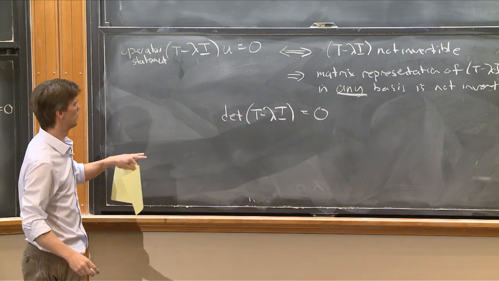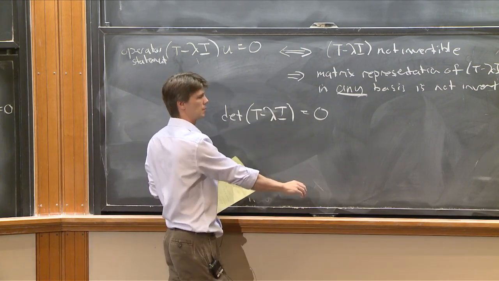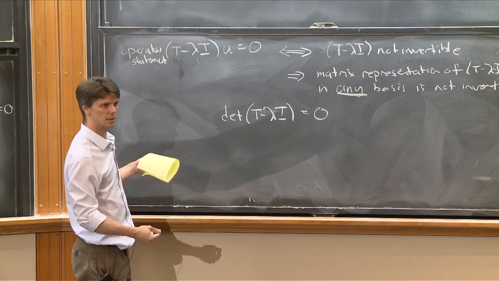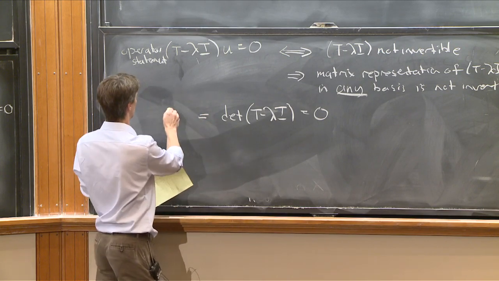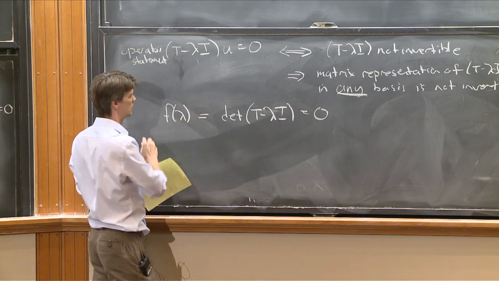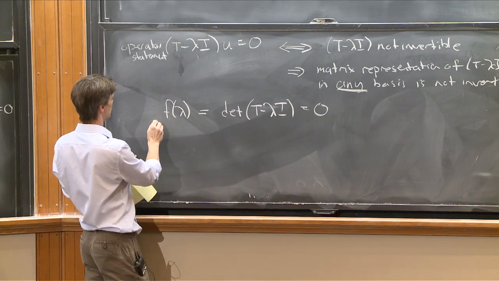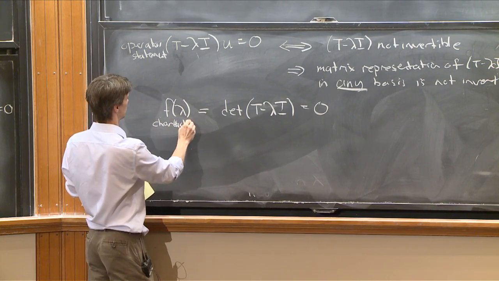Remembering that we can write this out, it has lambdas on the diagonal, and then whatever entries T has elsewhere. This just gives us a polynomial in lambda, some f of lambda. And if you remember, this is called the characteristic polynomial.